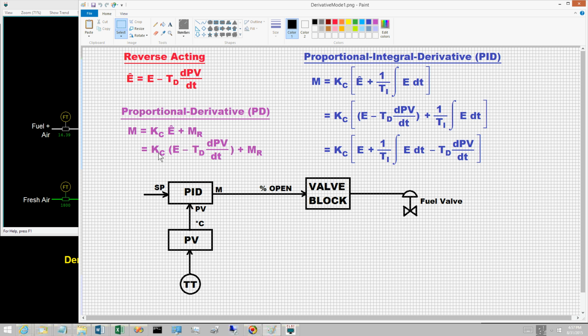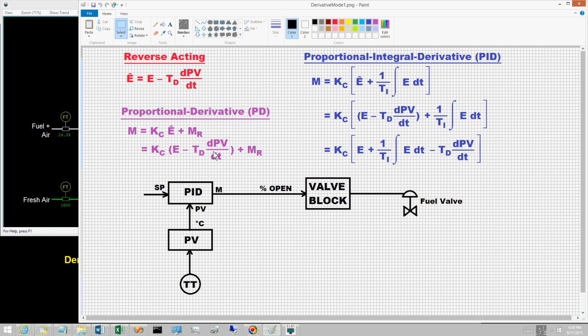Controller output M is controller gain K sub C times control error E minus T sub D dPV/dt, plus the controller output bias. This controller has a proportional term and a derivative term, and is commonly called a proportional derivative or PD controller. Like proportional only, the PD controller exhibits offset or droop, hence its infrequent use.